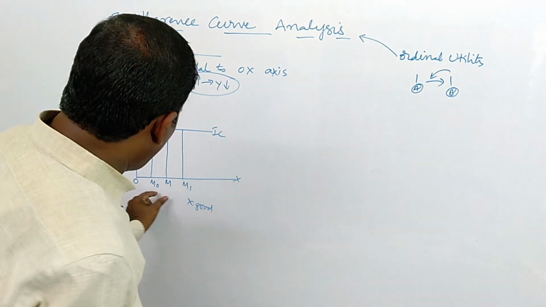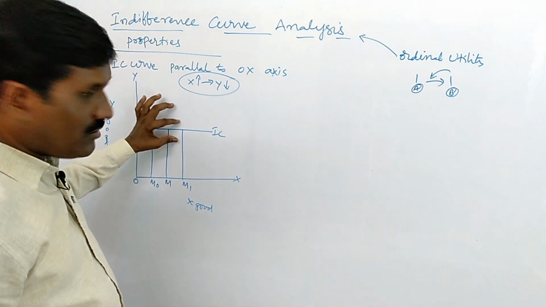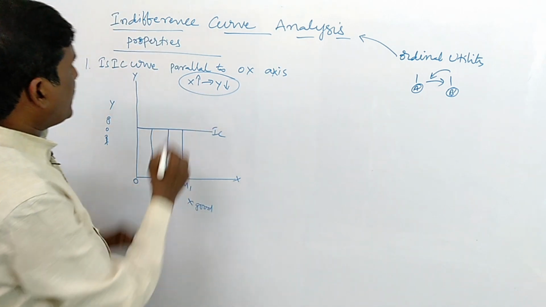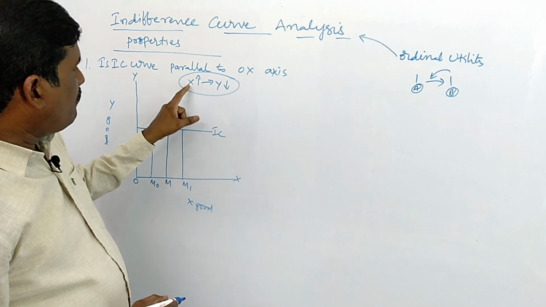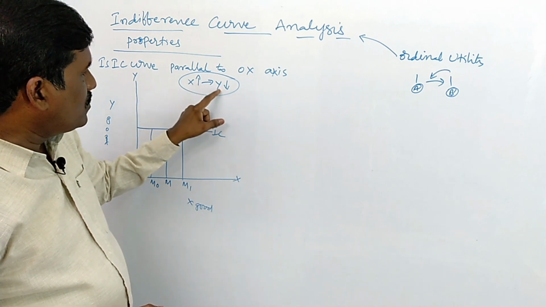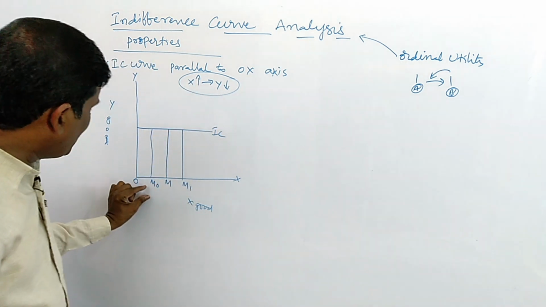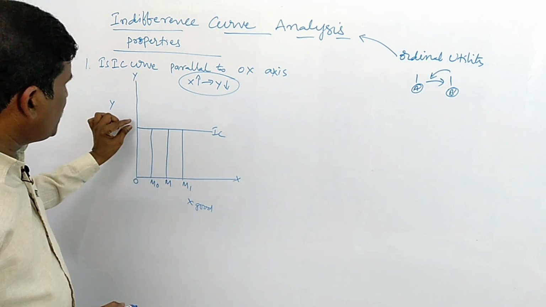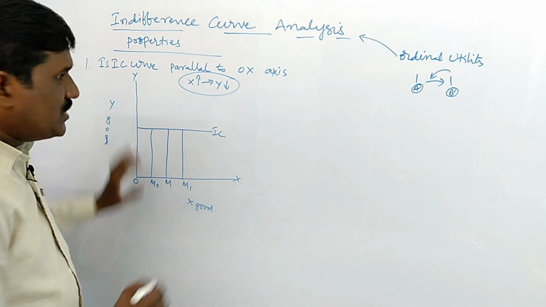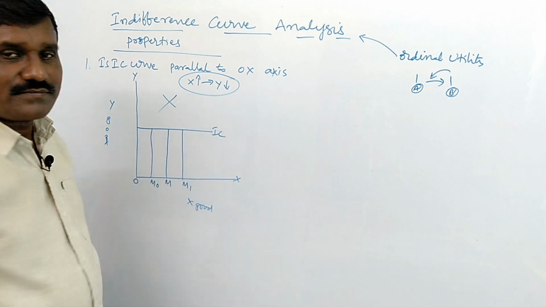According to the indifference curve, when the X good increases, the Y good should be reduced, but here only X good changes, with no change in Y good. Due to this, it is not an indifference curve.